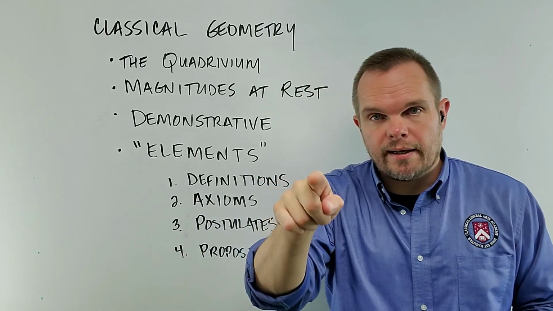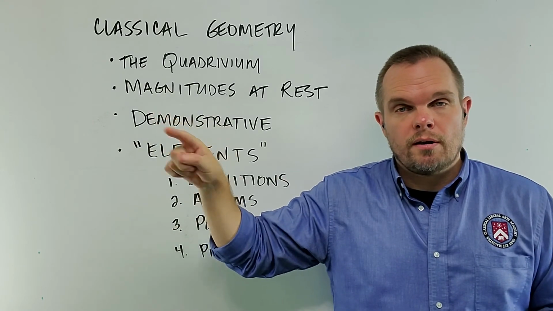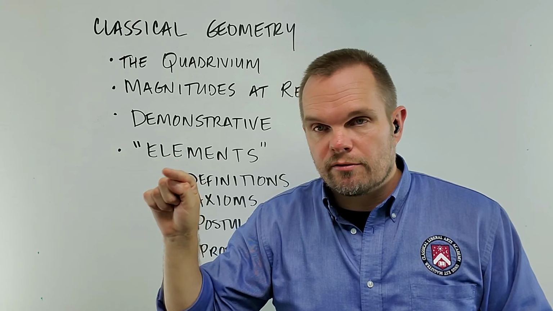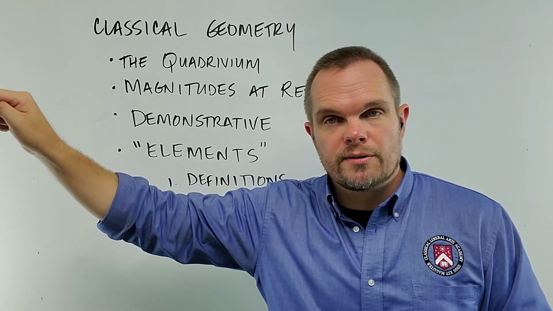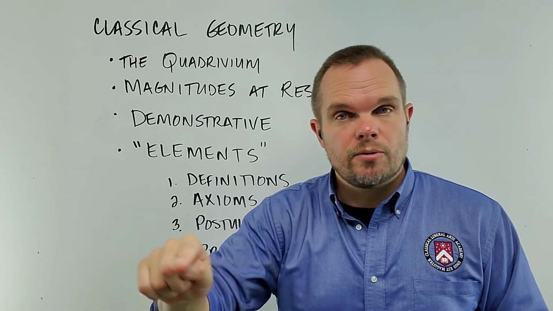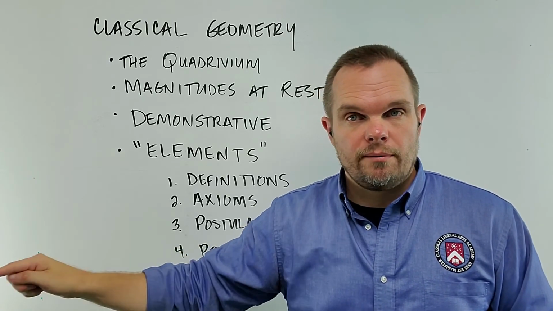So if you say this figure is a circle, I can conclude that any line drawn from the center point to the circumference is equal to any other line drawn from the center to any other point on the circumference.